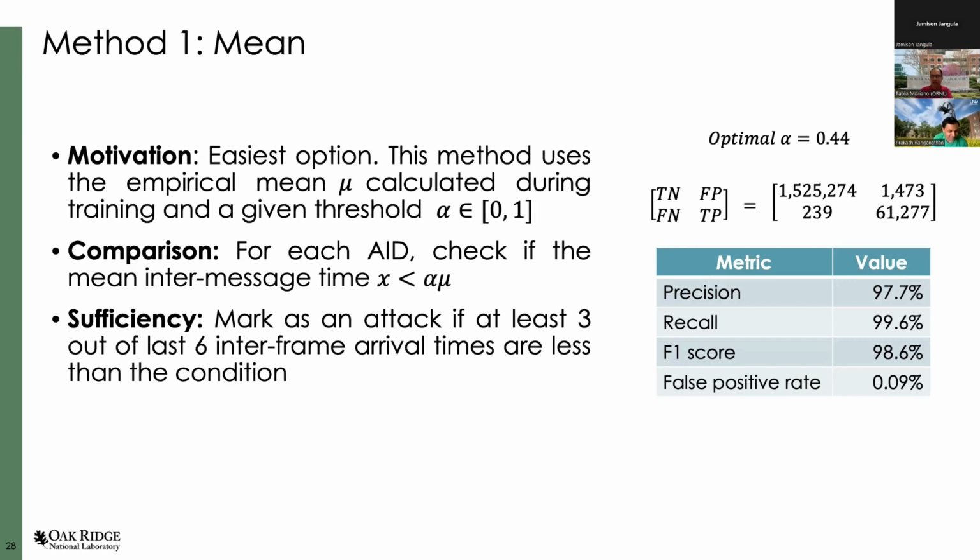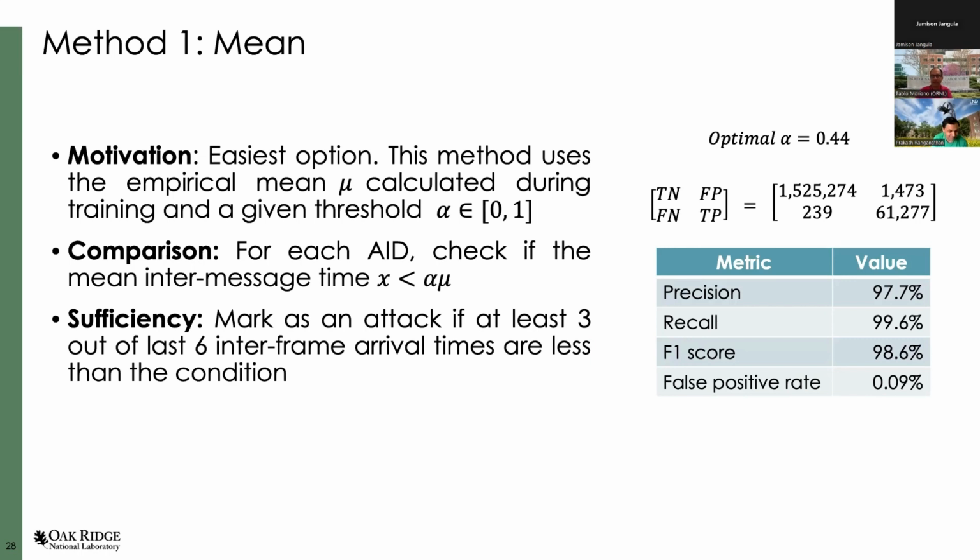We also define a threshold alpha here. It is basically the percentage of time that we are willing to accept as a reference for labeling something as an attack or not. For each of those IDs, we compute that distribution and check if, in the empirical data, it is lower than a certain threshold.